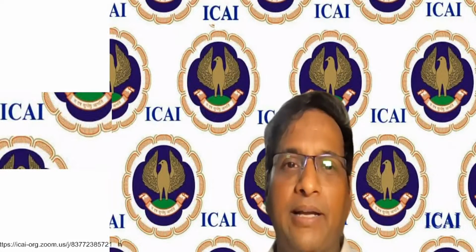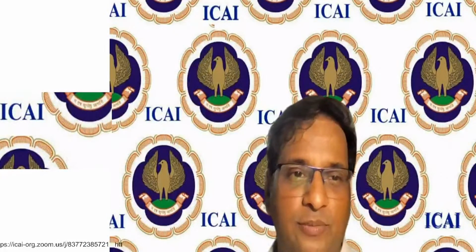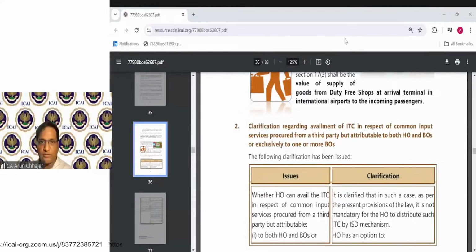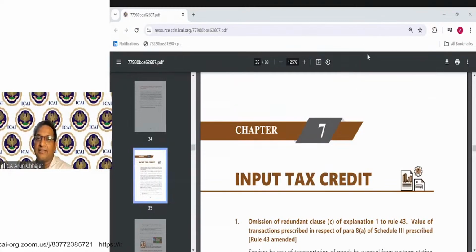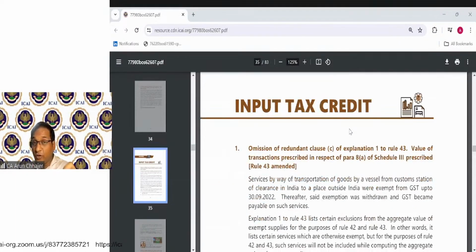Basically, in the amendment part, I would like to discuss statutory updates for May 2024. While discussing the statutory update, I have opened that. First, I have already explained that section 49C, rule 43 ka explanation 1 clause C has been omitted. Why has it been omitted?